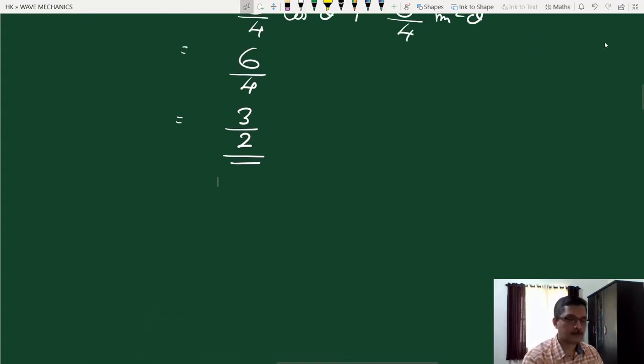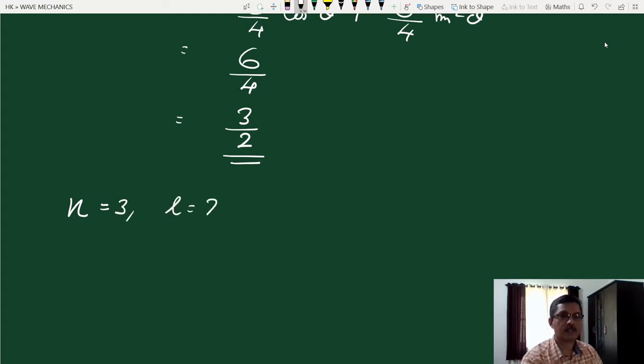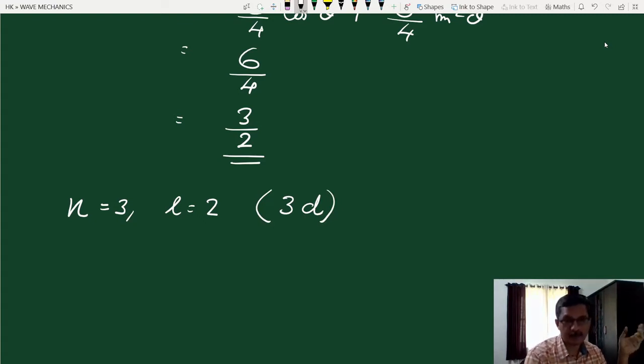You can do this calculation as homework for n equal to 3, L equal to 2 state, that is the 3D state maybe. For L equal to 2 you have 5 different states, that is ML can be minus 2, minus 1, 0, plus 1 and plus 2. So consider the theta wave function.